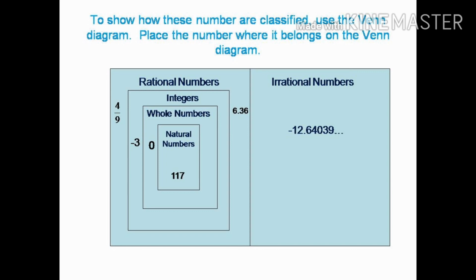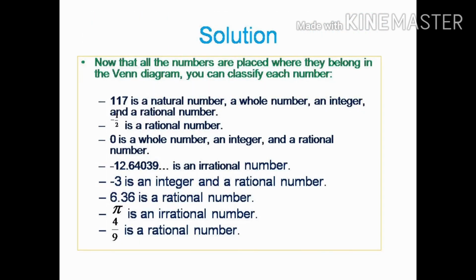See, the natural number set is a subset of whole numbers, whole numbers are a subset of integers, integers are a subset of rational numbers, rational numbers are a subset of real numbers. Okay, and here irrational numbers is a subset of, yes, real numbers. Okay, good. See, solution. We discussed already 117 is a natural, whole and integer and a rational.